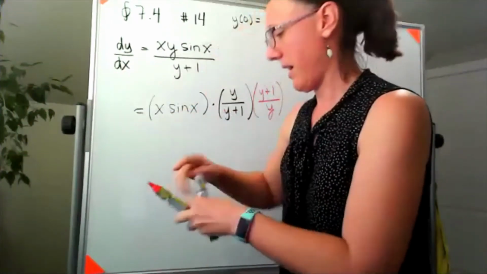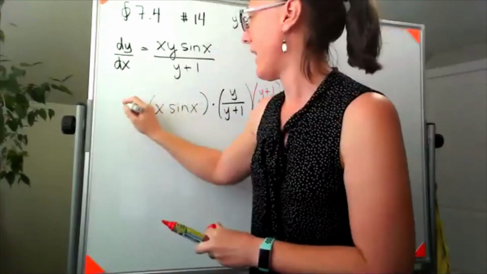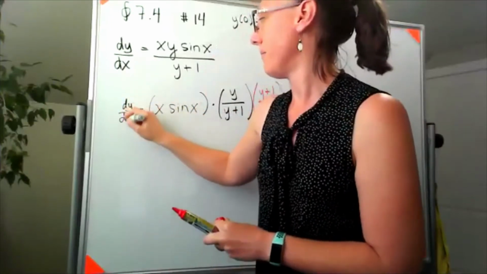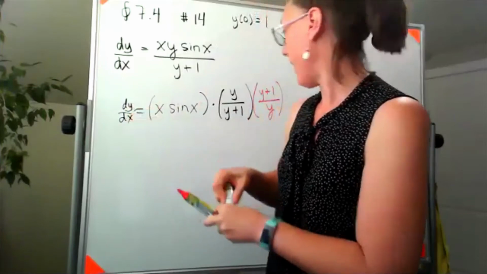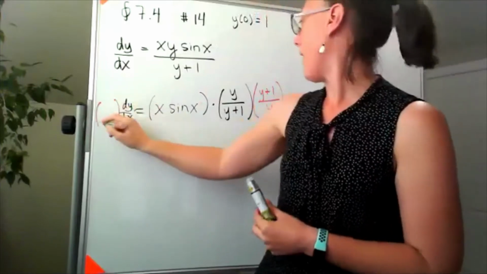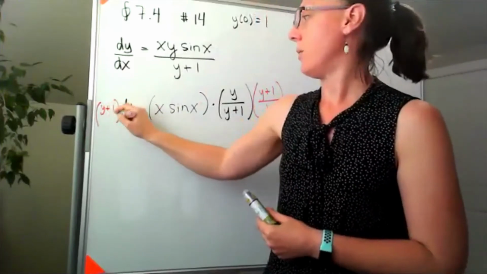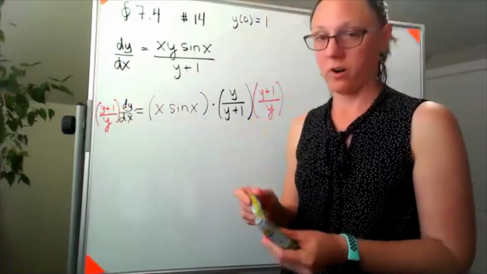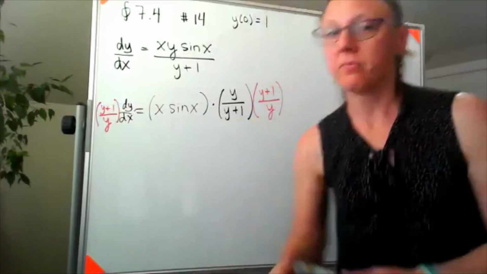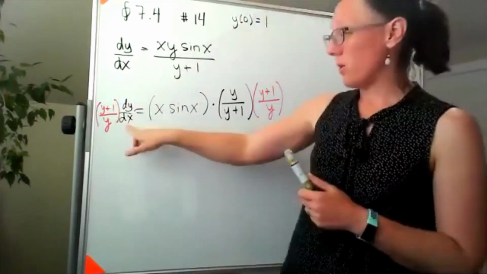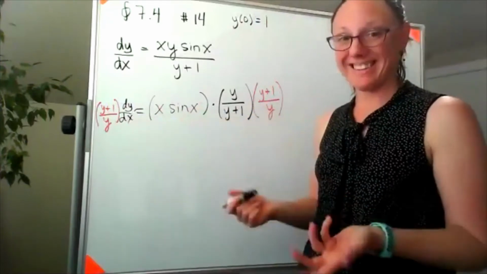So I had our dy/dx. And then I'm going to go ahead and multiply this side by y plus 1 over y. I'm also going to multiply both sides by dx.